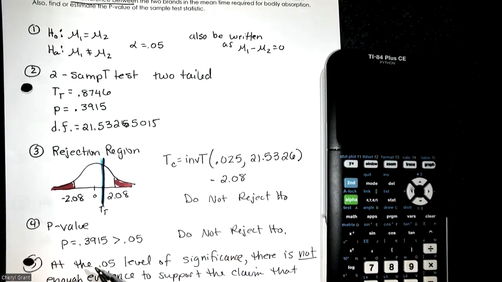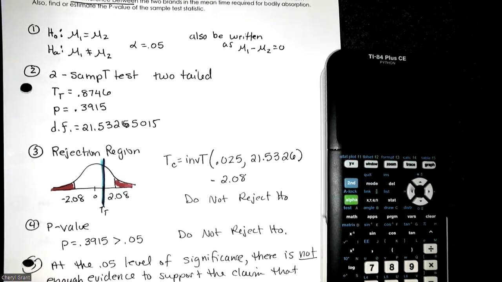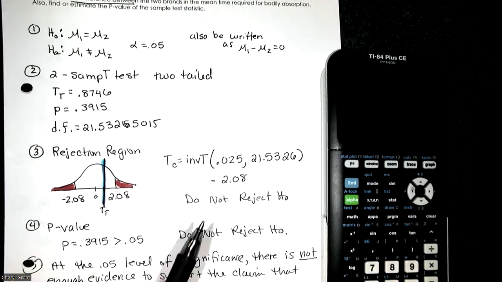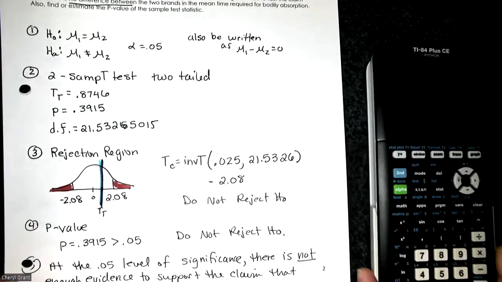So I'm going to look to see where that falls here. 0.8746 is going to fall between 0 and 2.08. It's going to fall in here somewhere, which means it's not in the rejection region, which means we're going to say do not reject the H0. Everybody okay with that so far? Okay.